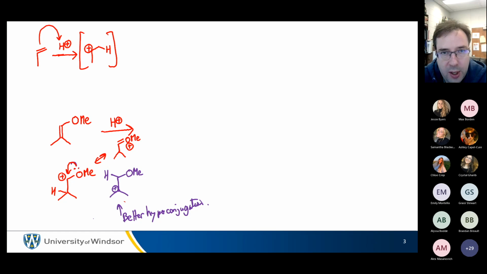What's going to cream hyperconjugation, though, is everyone having their full octet. In the second red structure I've drawn up there with the positive charge on oxygen, all atoms have their full octet, whereas for the purple one, that's not the case. All atoms do not have their full octet.